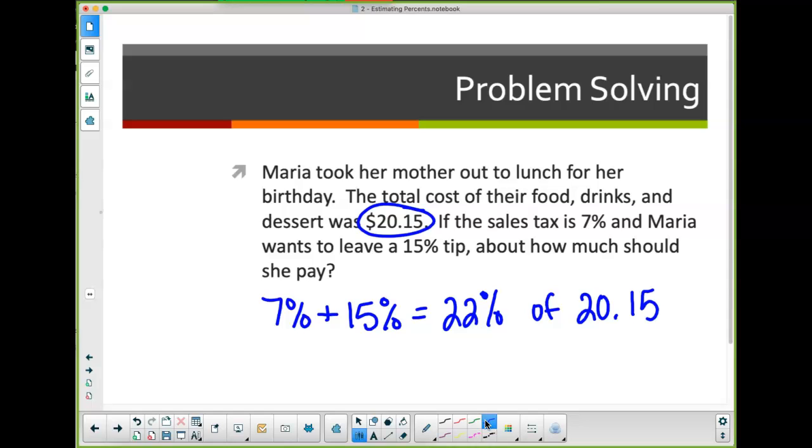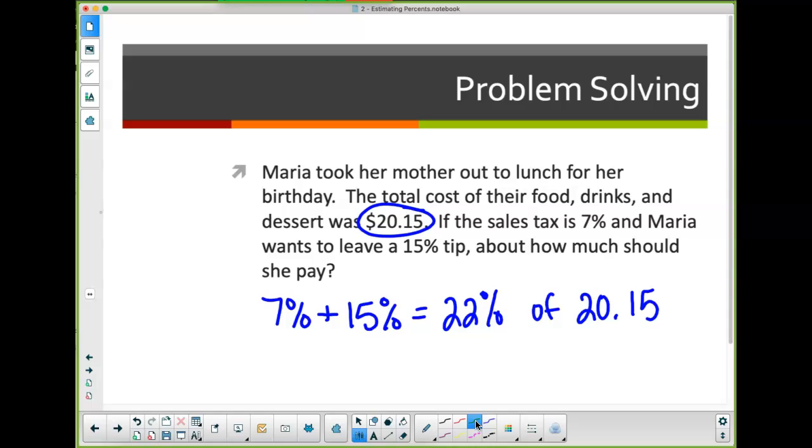I might not want to find 22%. What would be a nicer number to use? Instead of 22%, we could use what? What could we use instead? 5%. Should I use 5?